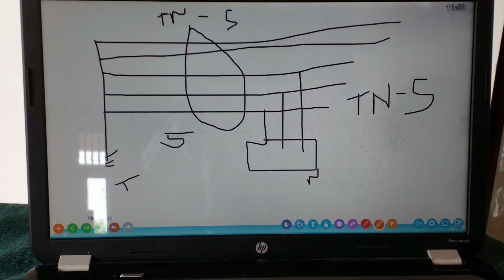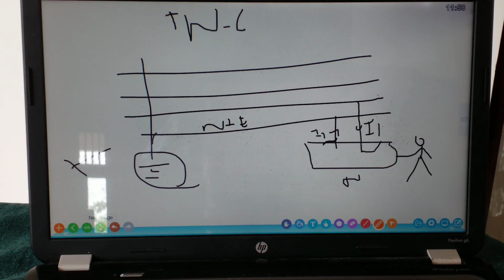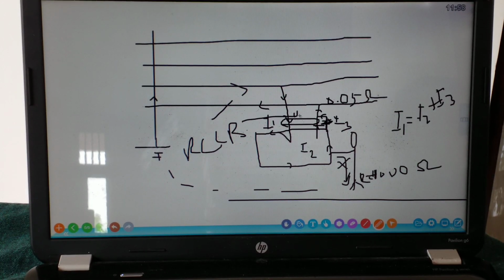But in the TN system, the fault loop path is very dedicated. The fault loop path only has conductors. So it is very less resistive.